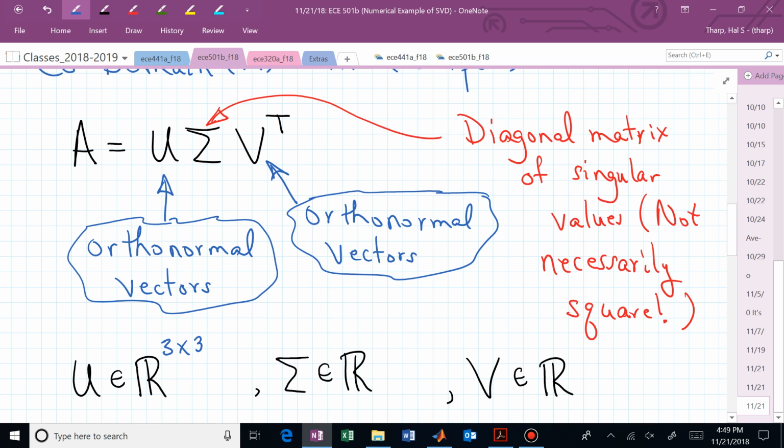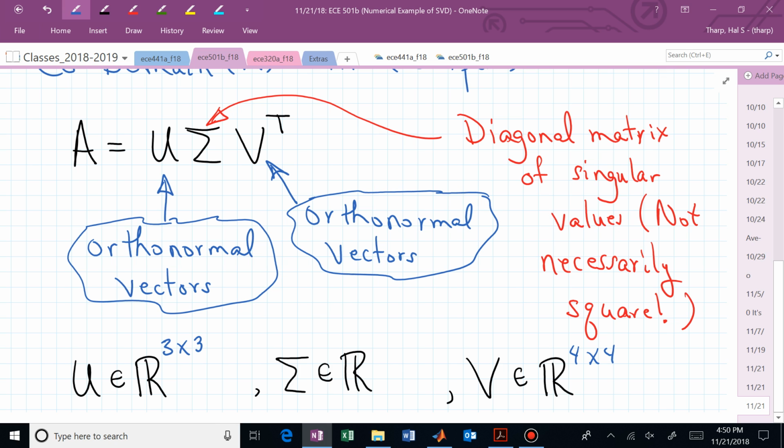Likewise, V has to be consistent with A, and V then has to have the same number of columns as A has. And A had 4 columns. V is orthonormal vectors, so we know it's square. If it has 4 columns, it also has 4 rows. V is now 4 by 4. Sigma is our diagonal matrix.